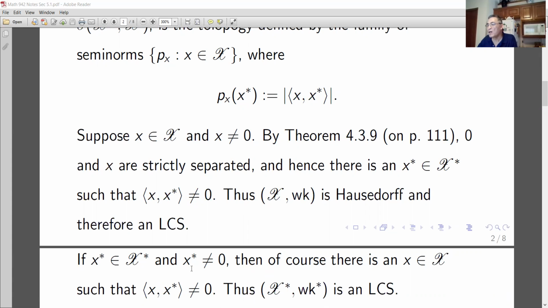It is just by what we mean by x star not being 0: as a function, it is non-zero at some point, at least one point. So there is an x in X such that this is non-zero. We don't need any theorem, just the meaning of non-zero. So again, this tells us that X star with the weak star topology is a locally convex space.